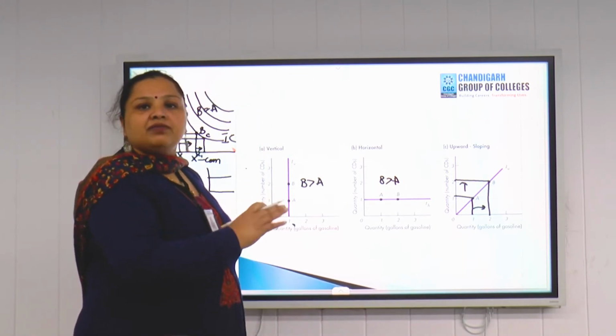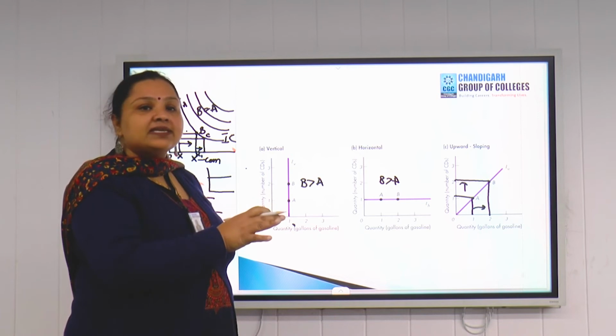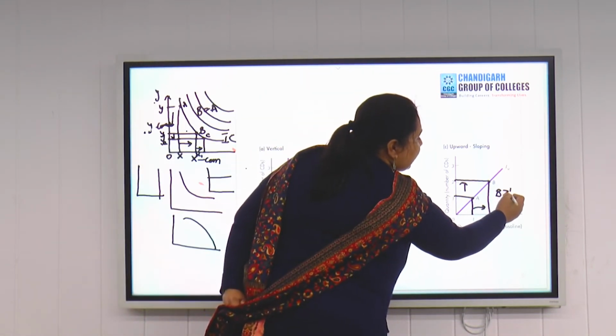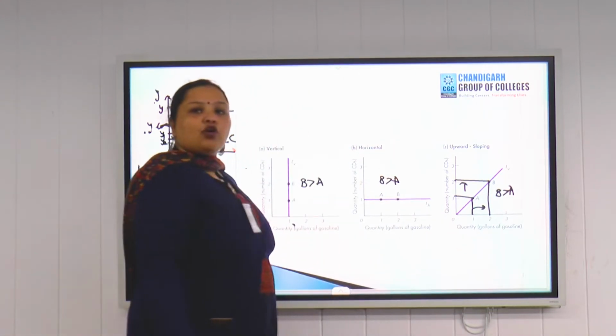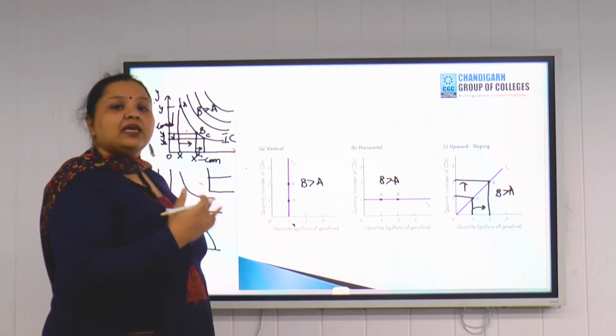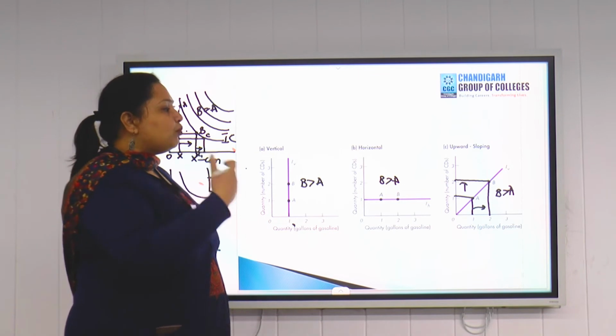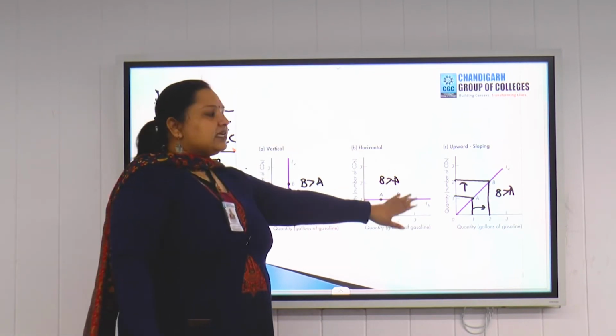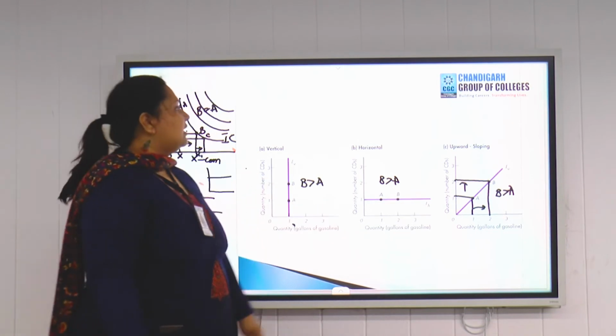So obviously here also we have not sacrificed anything. So satisfaction from B is greater than A because we have not sacrificed one commodity. Even we are getting both the commodities more. So we are in a better position. That's why this is not an indifference curve.